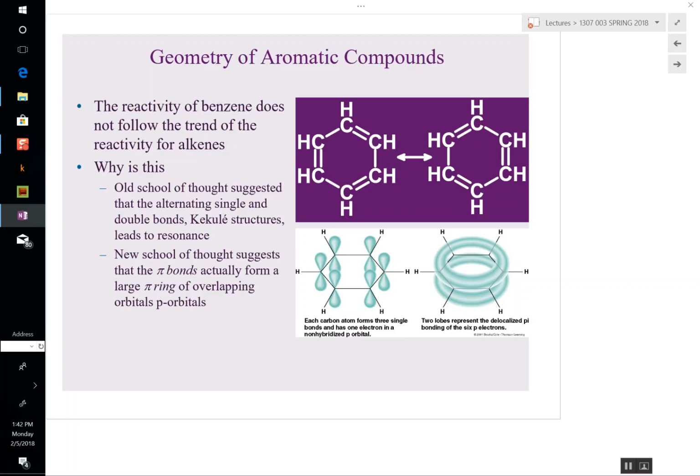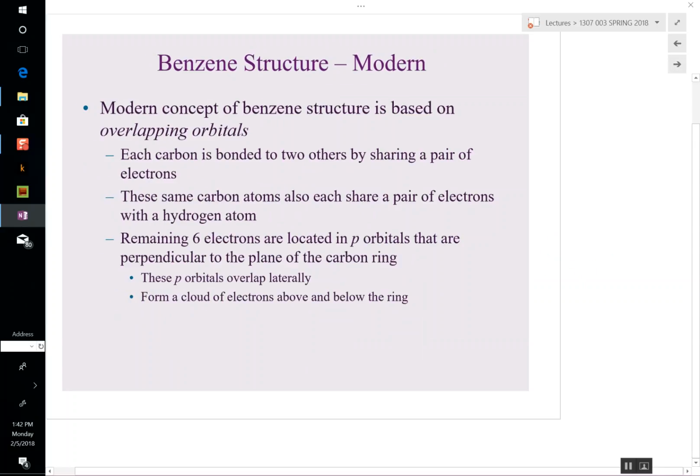It's a 2-dimensional flat molecule with a cloud of electrons in the molecular orbitals above it and below it, called a pi cloud, using the mathematical symbol pi. It generates a particular stability to this molecule. So there are these overlapping orbitals.